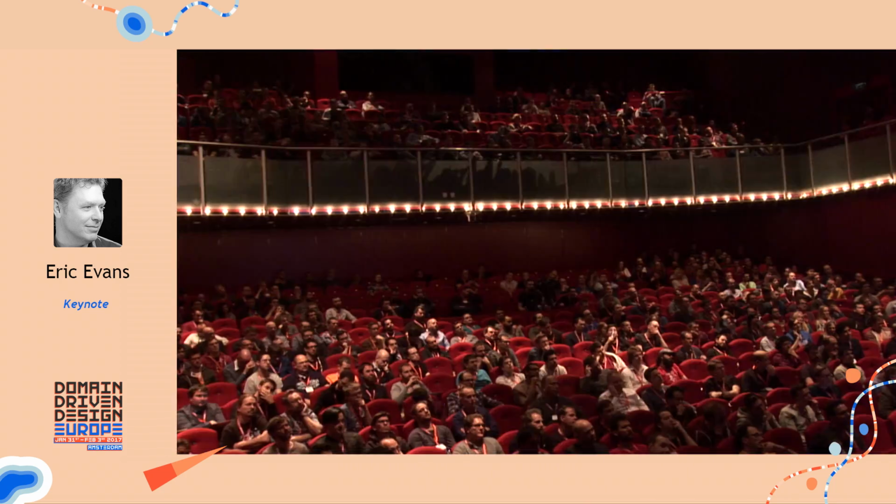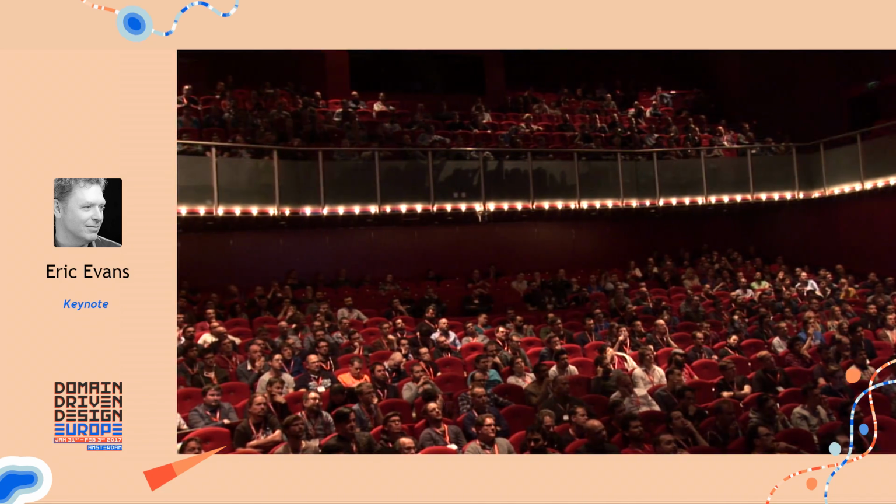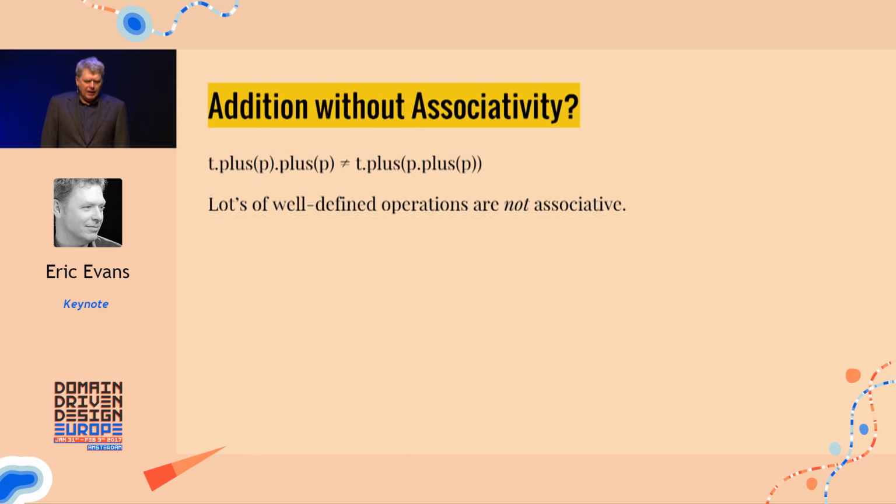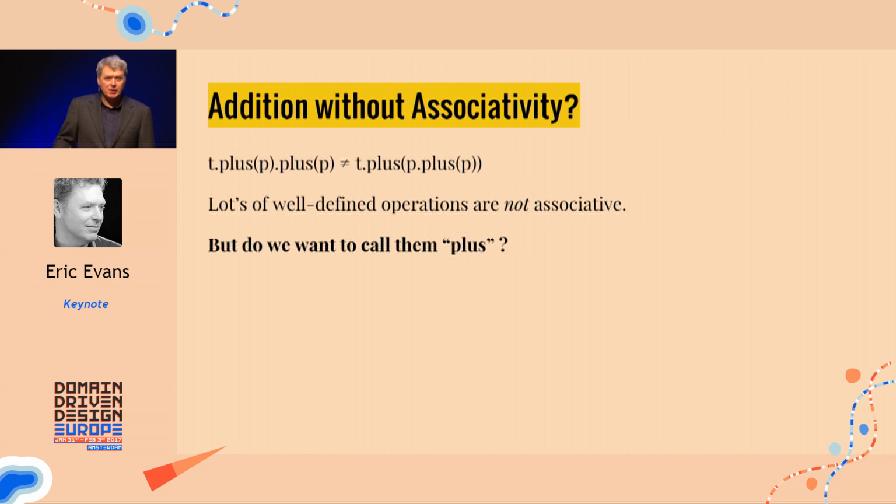So, actually, there are lots of very well-defined and useful operations that do not have associativity. It's not like I'm saying all your operations should be associative. Far from it. What I am saying is that maybe we don't want to call those plus. Not that you couldn't define a plus operation as not being associative, but you'll have to tell people.